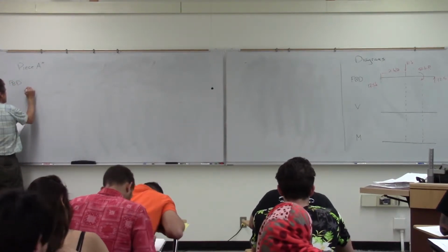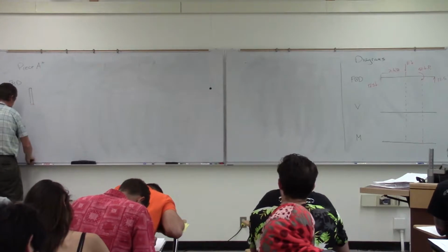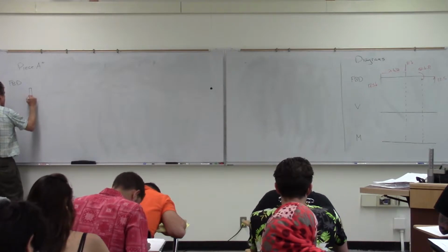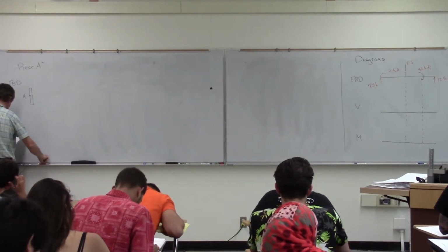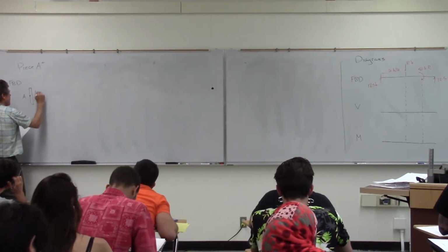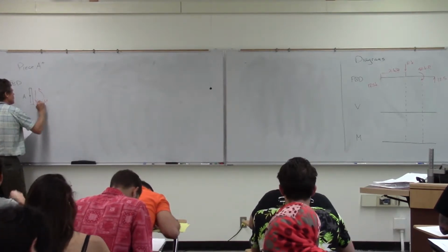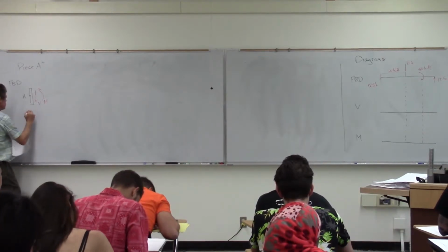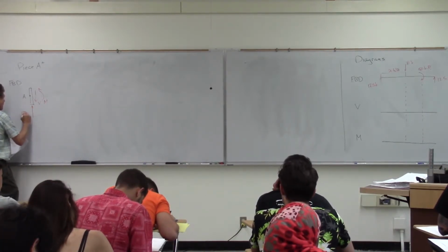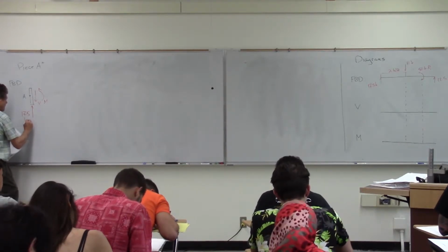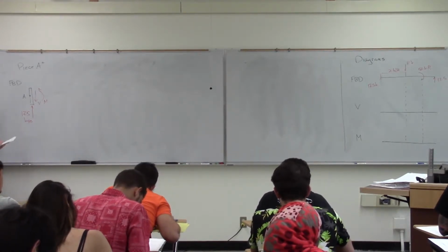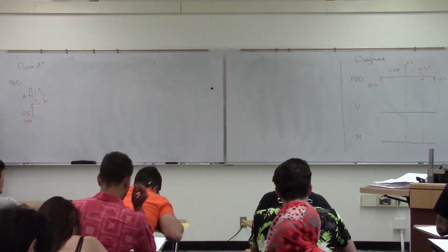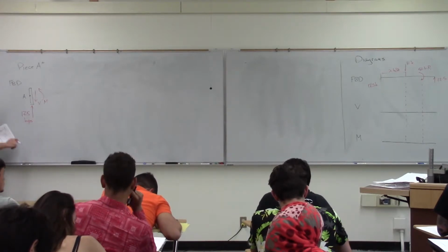So when I consider that infinitesimal piece there, A, I put in my positive convention for moment and shear, and then I've got this concentrated load of 17.5 kips. Now, yes, there's some distributed load going on there, but as we take this smaller and smaller, it's not going to participate.